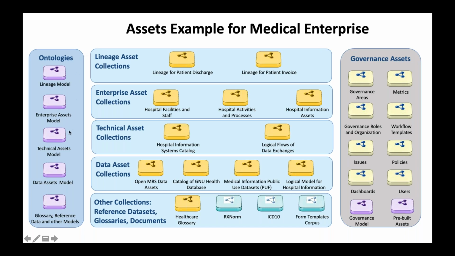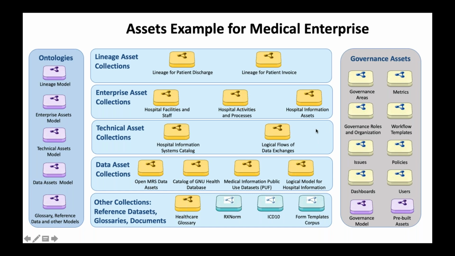On the left here, we see the ontologies that are used. Primarily, these are pre-built ontologies that come with TopBraid EDG, but also some custom ontologies for, let's say, reference data and other models. And on the right, we see a variety of governance assets that are stored in the governance asset collection.